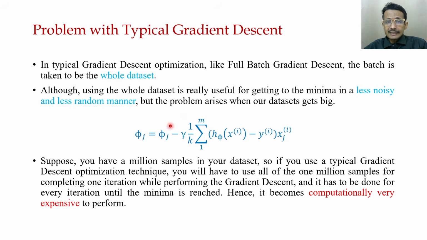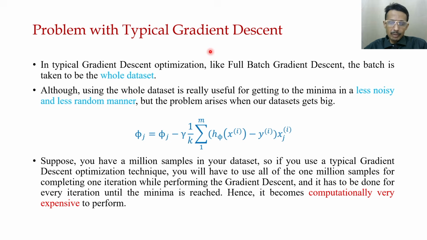That is one of the major bottlenecks of full batch gradient descent, where we take all the data points in the data set, that is, every m is taken care of. This makes the algorithm very computationally expensive. That is the typical problem of gradient descent.